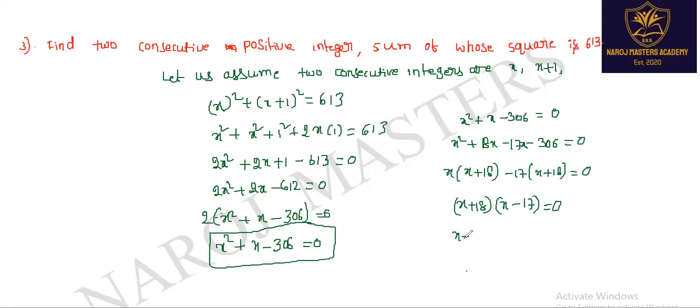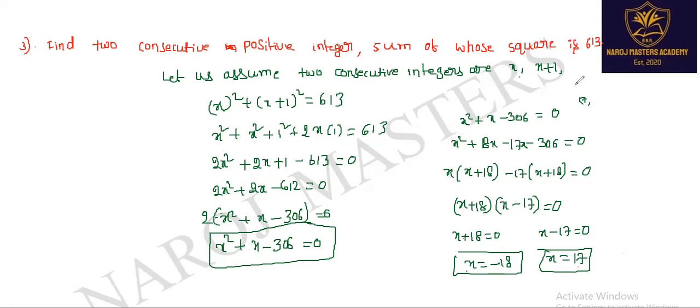Then x plus 18 equal to 0 gives x equal to minus 18. Here x minus 17 equal to 0 gives x equal to 17. These are the two consecutive numbers. So here we got one is plus, one is minus. If you take x equal to 17, then you will get 17 comma 17 plus 1.